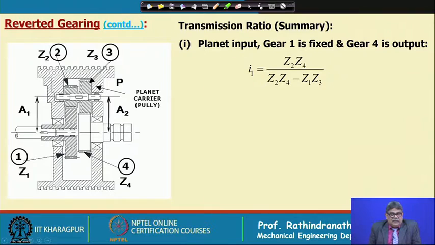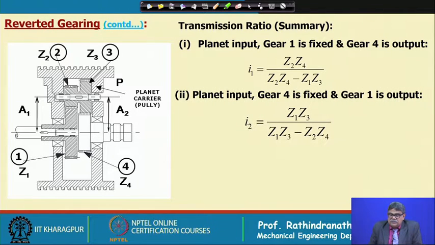Now, if we compare type 1 and type 2, their transmission ratios are as follows. The first one has z2 z4 minus z1 z3, and the second case z1 z3 minus z2 z4.